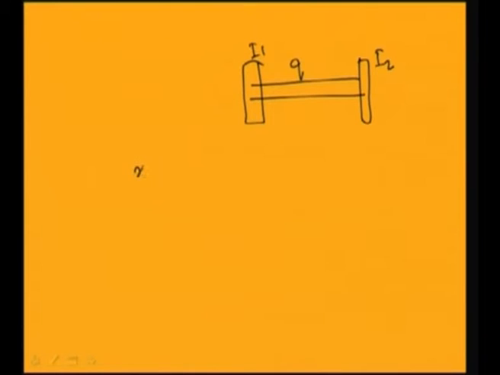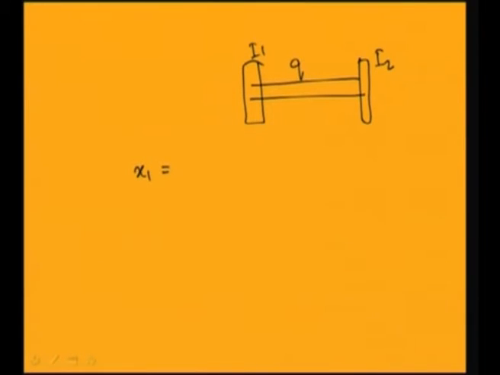So you can take a two rotor system also, which will have a similar equation of motion. So this is a two rotor system with inertia I1 and I2, and let k be the stiffness of the system. So in this case also you can have a similar equation of motion.